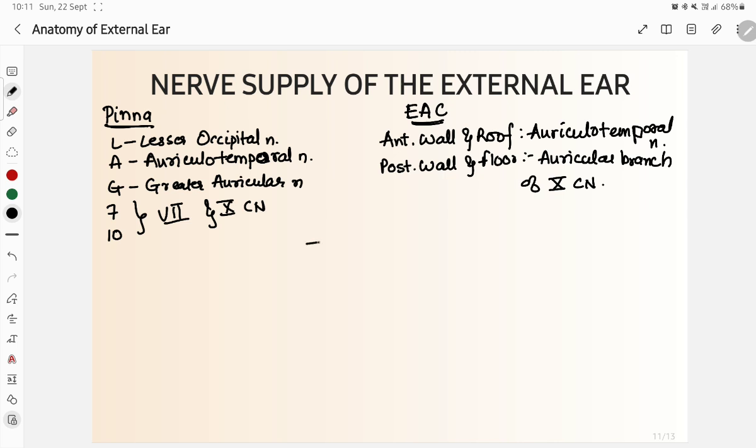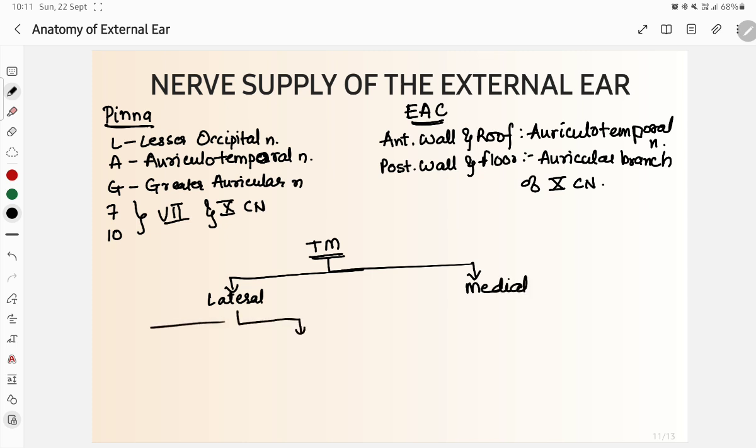The last structure is our tympanic membrane. Its nerve supply can be divided in its two surfaces, that is the lateral surface and the medial surface. The anterior half of our lateral surface is supplied by auriculotemporal nerve.